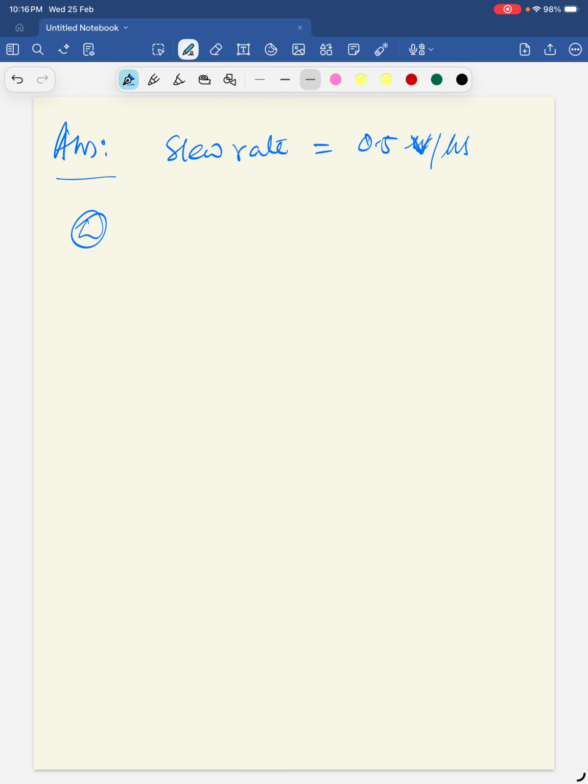So now question number A, the sine wave of 12 volt peak, that is given, the first one, sine wave of 12 volt peak. Now there is a relation between slew rate and sinusoidal voltage like this.